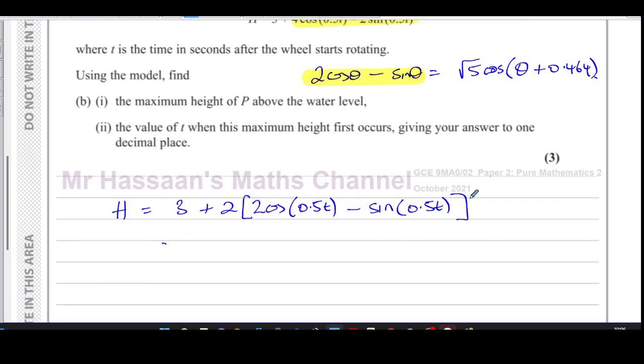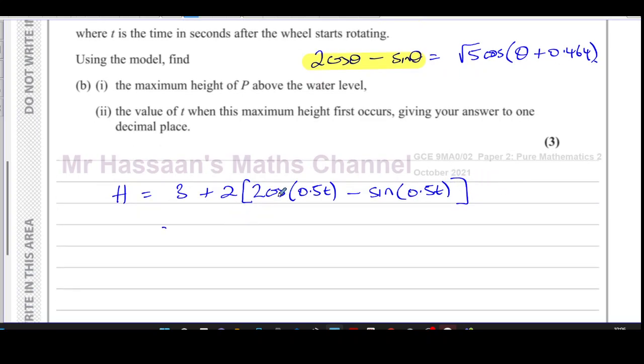Now this looks the same as that, and you can just say the theta is the same as 0.5t. If you compare them, that's the angle: 2 times cosine of an angle minus sine of an angle. Now that means this part here, I can replace it with this, just put theta as 0.5t, that's all.